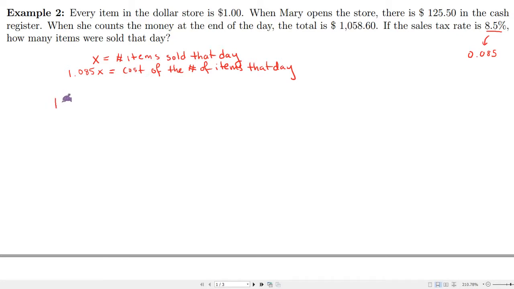We're going to have 1,058.60 minus 125.50 is equal to 933.10. Okay, so we don't have our equation just yet. I just want to figure out what is the total that was made that day. So this is the total made that day.